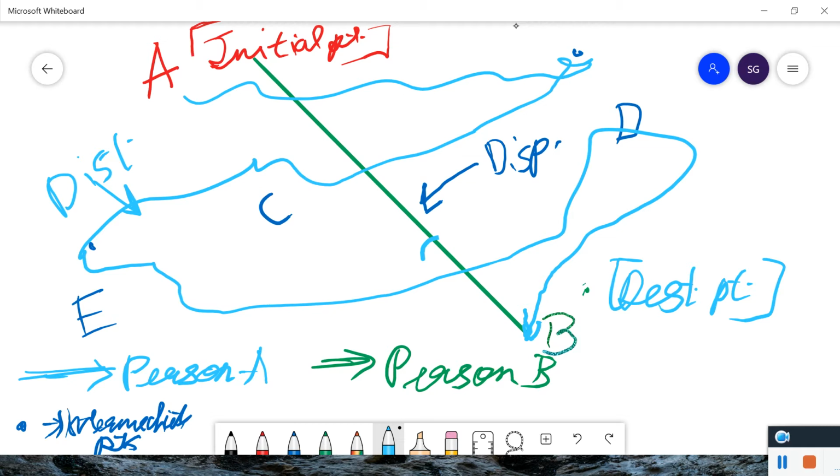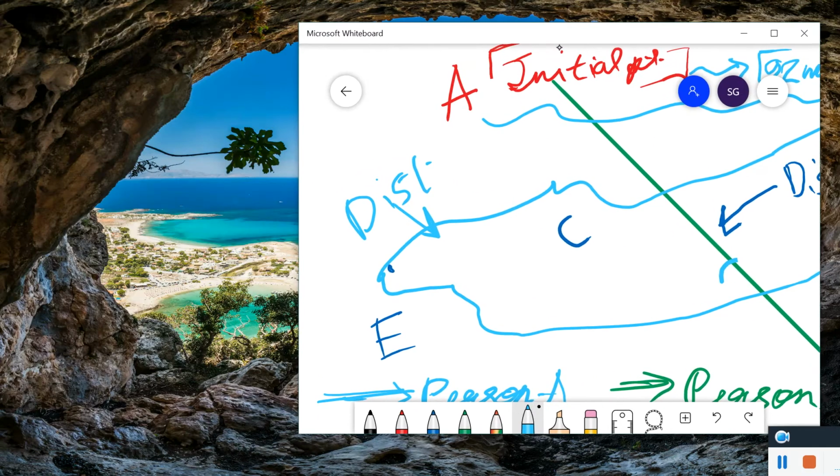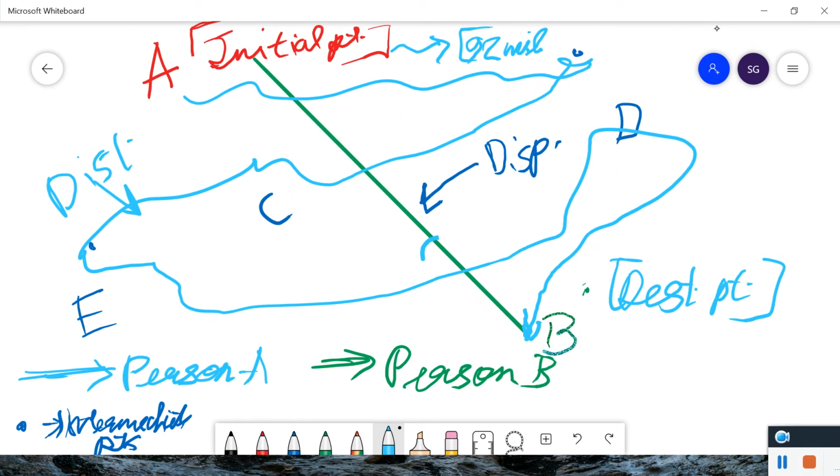Now let's assume some numbers. Assume person A has covered approximately 92 miles, and this person has covered 4 miles.